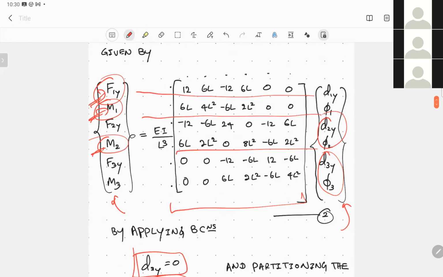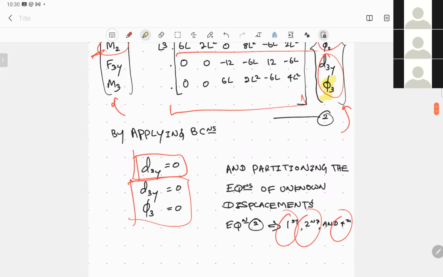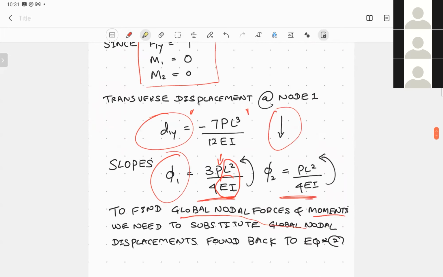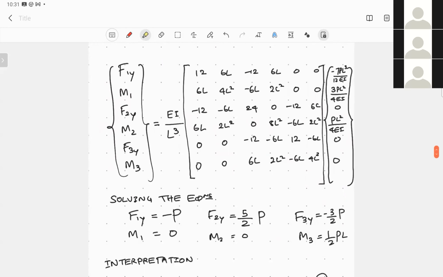This total, the huge matrix, we substitute all the unknowns which we obtained now into this equation number 2, to solve, to obtain unknown forces and of course nodal moments.